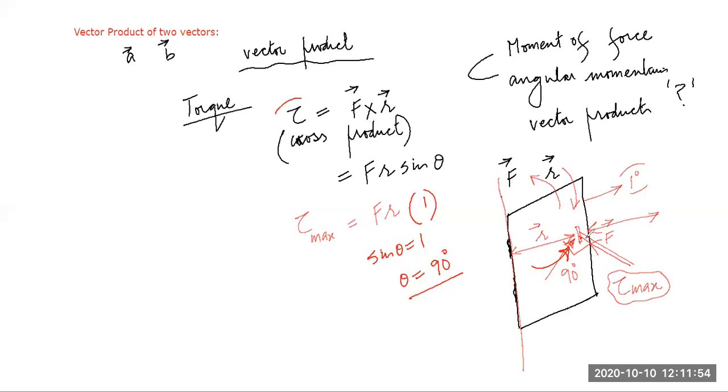If you change the direction of F, let's say here or here or here, you cannot open this. Another way you can discuss it is, if this is the direction of the force, you can see the perpendicular component is at a smaller distance from the hinges. So the lesser this angle, the lesser the r.